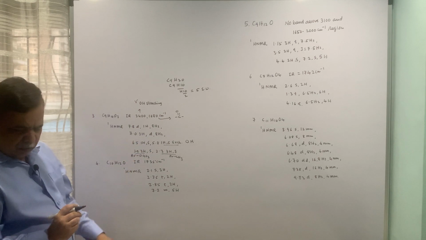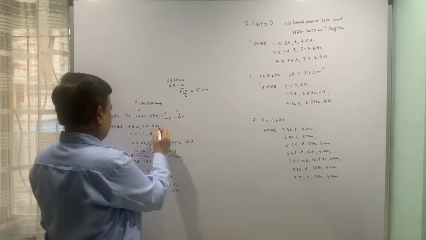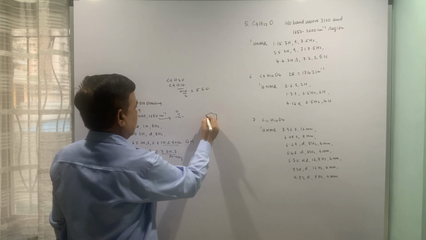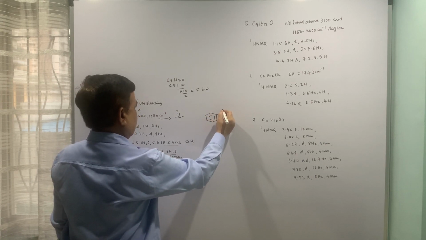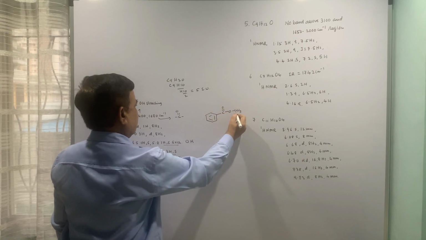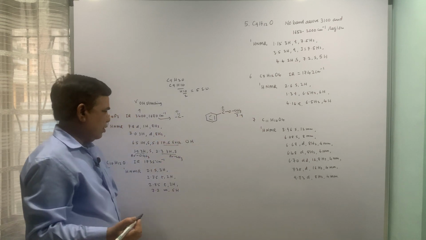So we have to put the things together. There are 3 aromatic protons seen, so that means it is a tri-substituted ring. Conjugated, this is 3.9, this is 1680 because it is conjugated.